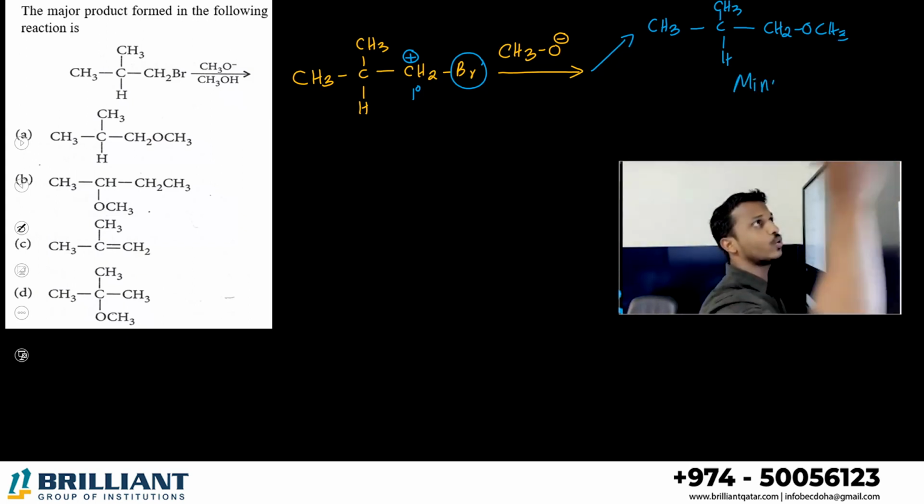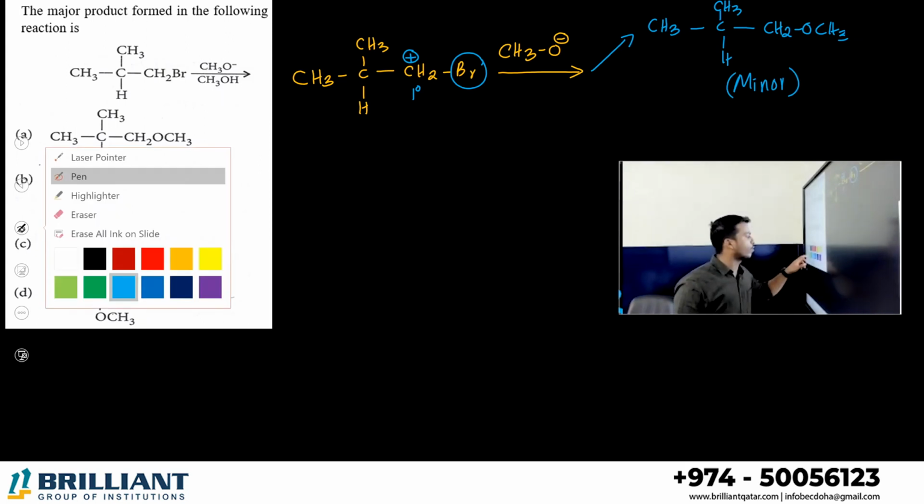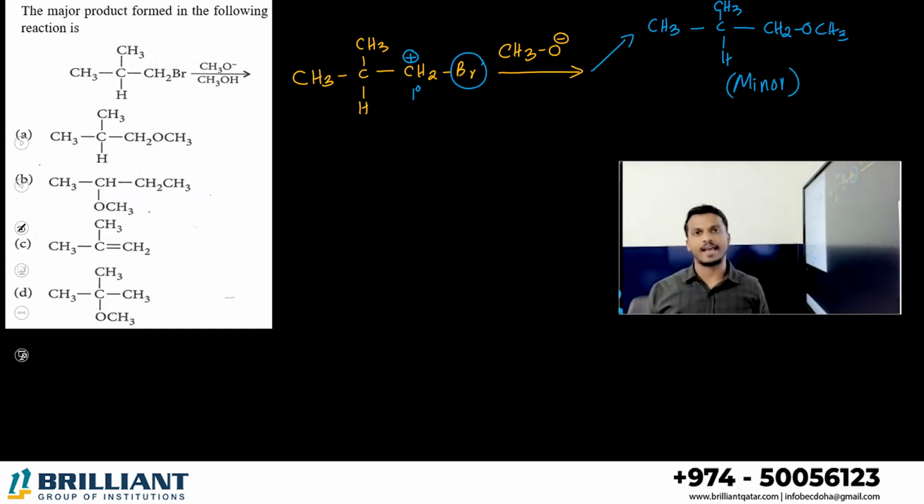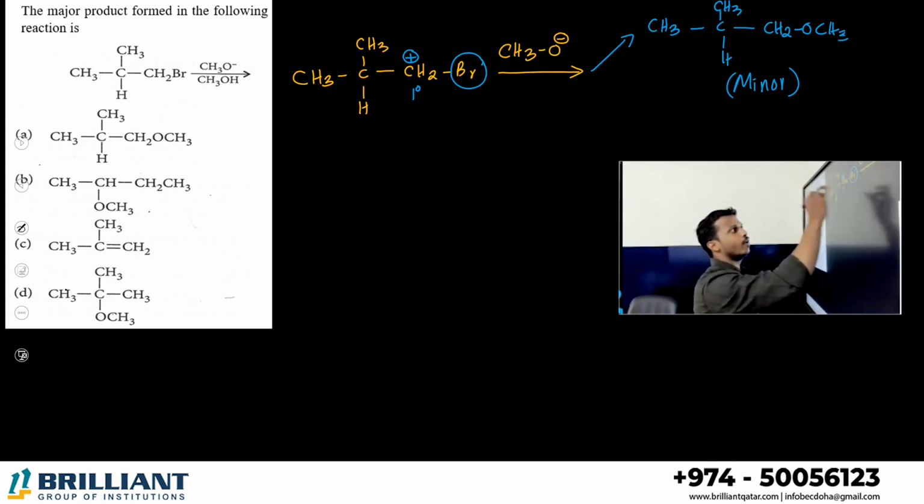Why? As I told you, in a carbocation reaction, when you get a lower stability carbocation, primary or secondary, please check whether there is a chance to make it tertiary, either by hydrogen shift or by methyl shift. Now it is primary.